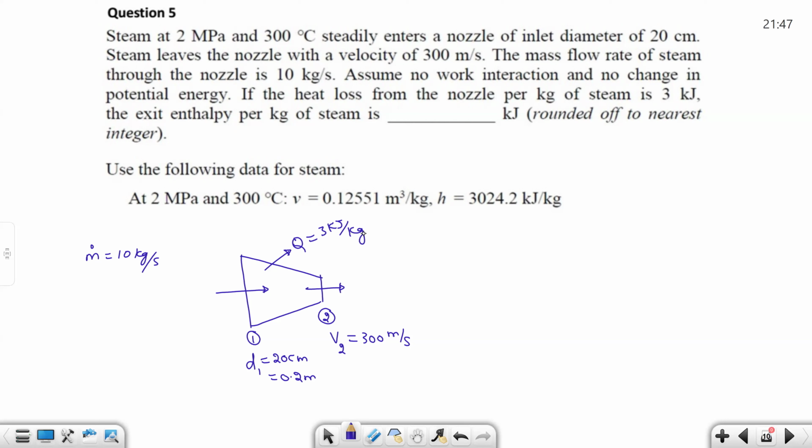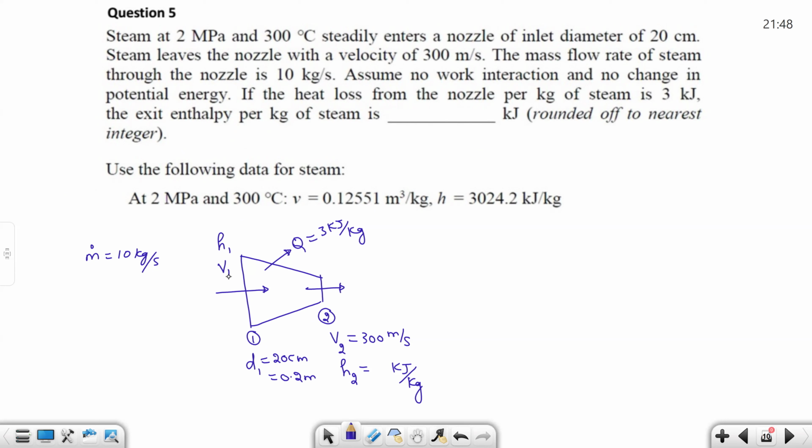So what is the exit enthalpy in kilojoule per kg? This is what we want. Since velocity is in meter per second, you must substitute enthalpy in joule per kilogram. So you have here enthalpy and velocity V1.